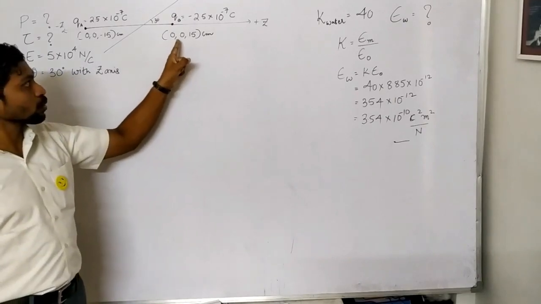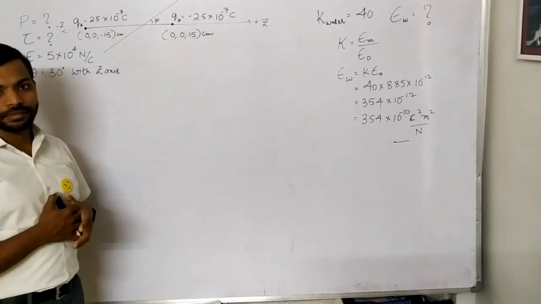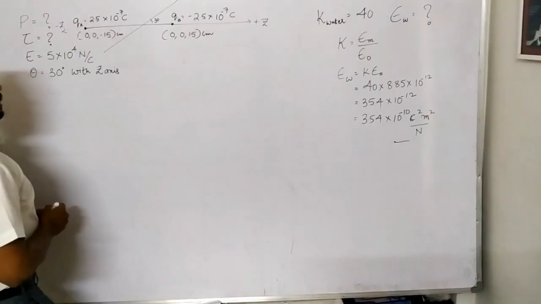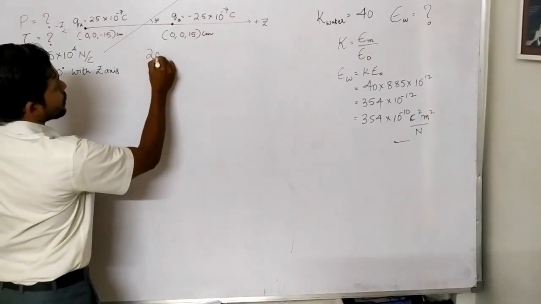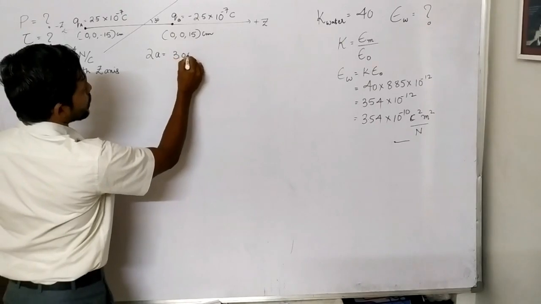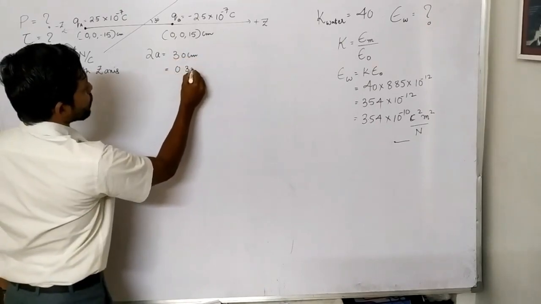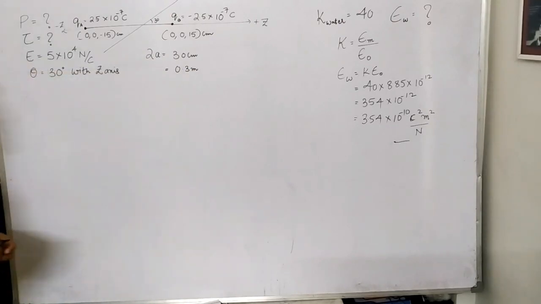The location is 0, 0, 15 centimeter. So the distance between these two is 30 centimeter, or we can write this as 0.3 meter. Okay, this much is clear.